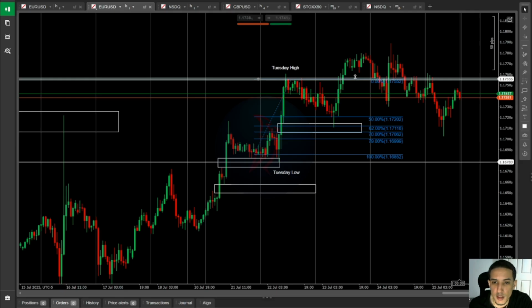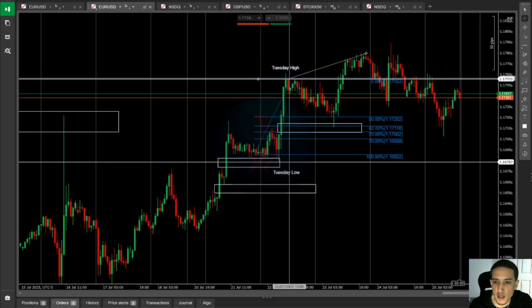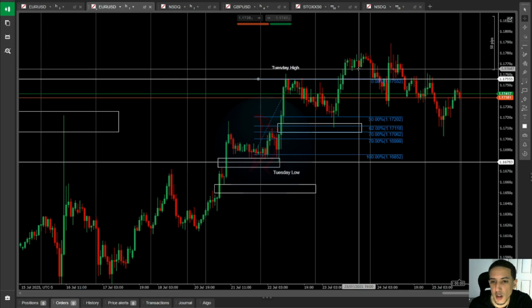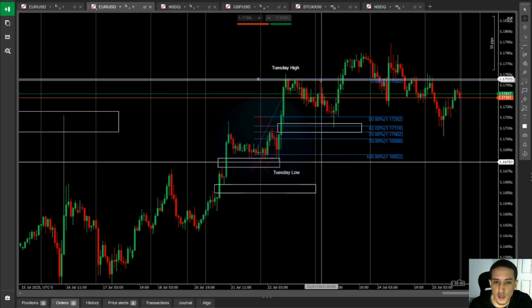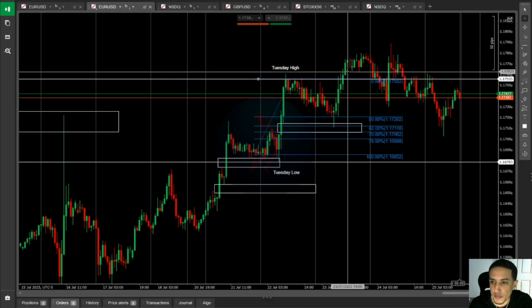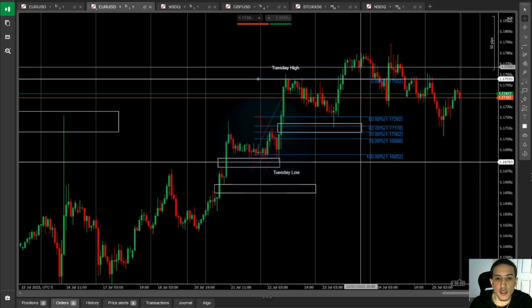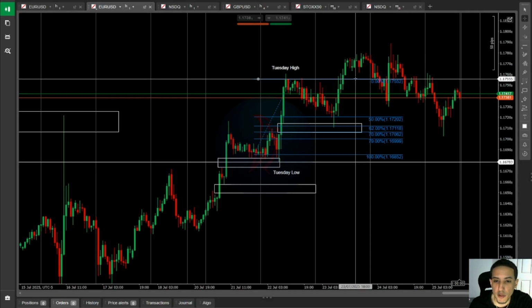And then if you want to leave part of your position open, you can leave it 10, 20, 30 pips above Tuesday's high. So if we go Tuesday's high, the market actually traded 23 additional pips. So you could have gone about 15 to 20 pips above Tuesday's high for your actual take profit targets. I personally don't like to do it. I just like to place my target right at the high.